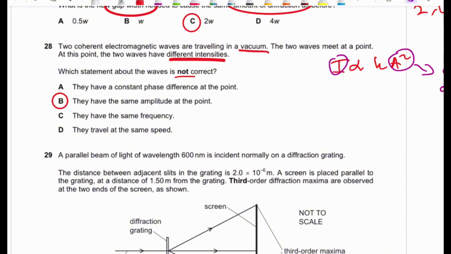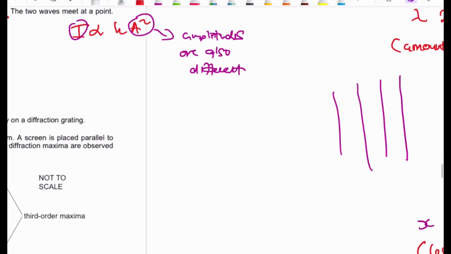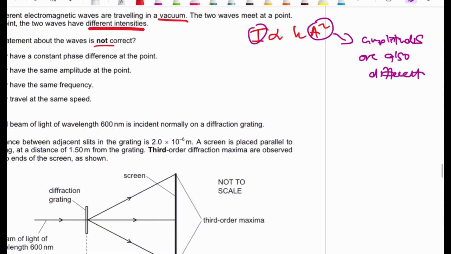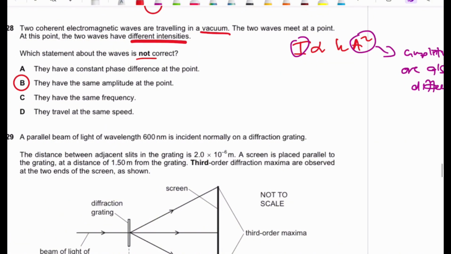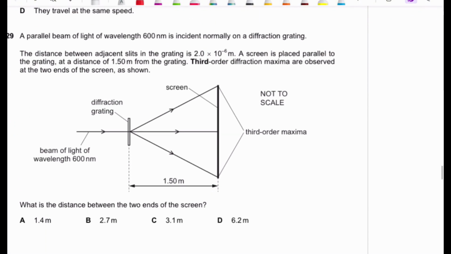If waves are going to meet at a point, they need to have the same speed. What do I mean by this? Well, imagine a lorry and a car. If a lorry is very fast, it's never going to meet a car that's moving very slowly. So for two waves to meet, they need to have the same speed. Very, very important for you to be thinking of that.